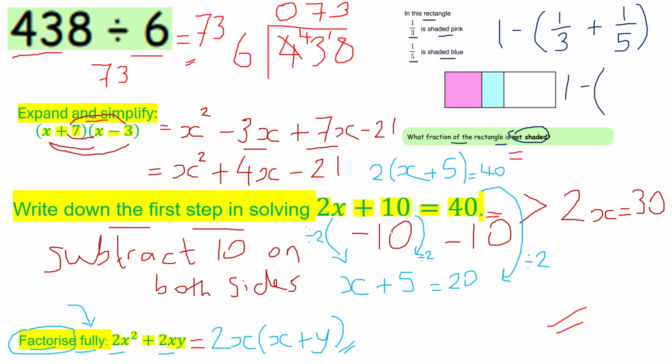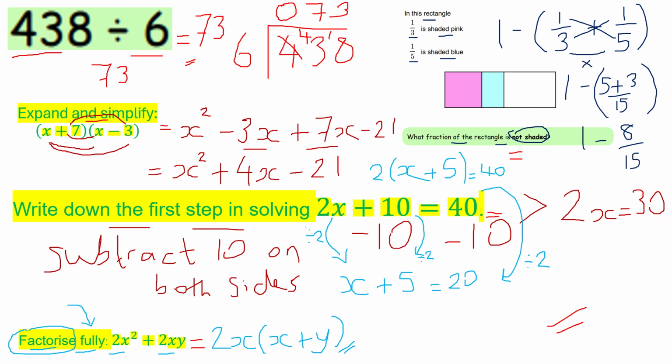Whenever we're adding or subtracting fractions, the key is to have a common denominator. So I'm going to cross multiply here. 1 times 5 is 5, plus 3 times 1 is 3, over the product of our denominators, so I'm going to multiply the numbers, and we get 15. So we get 1 minus, in essence, 8/15.